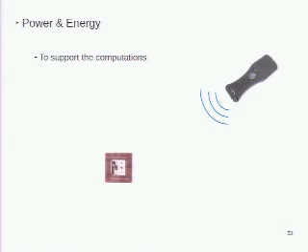So the next question is power. Remember that this thing has no battery. So it harvests the energy from the field. So you need to reduce the power consumption of this thing such that the energy you get lets you finish your computation and do the communication.